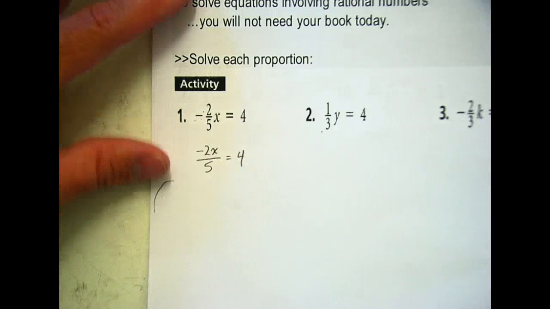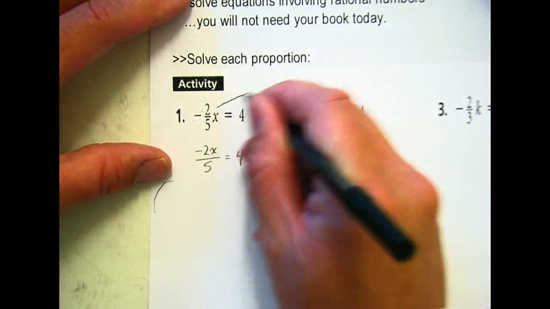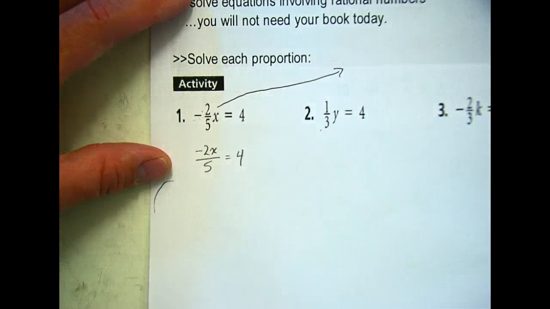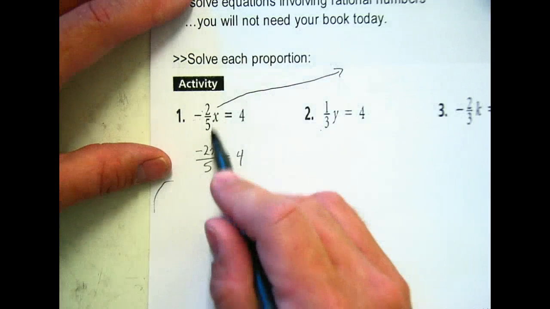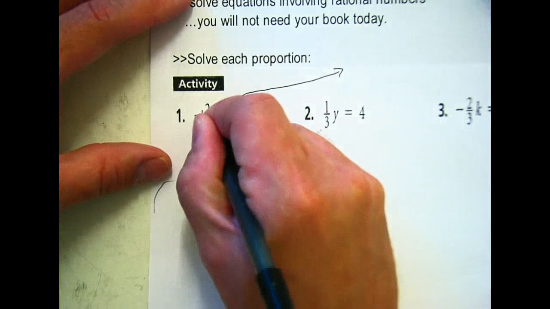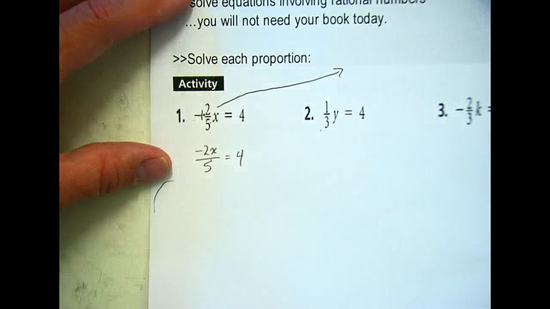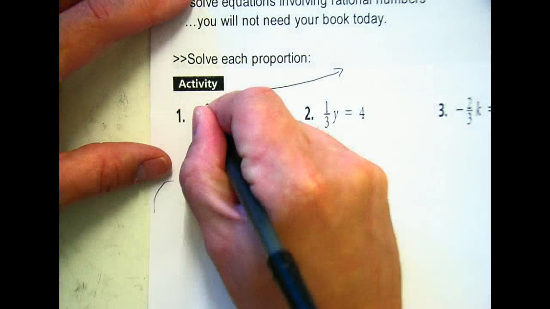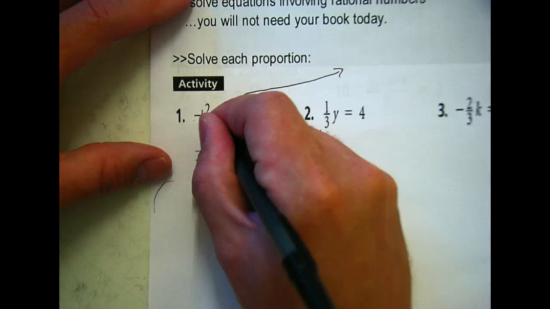Mathematically, what's happening, just so you don't think it's magical, some of you may know and some of you may not know, you don't have to write this down. You can if it helps you. The way we get from here to here is there's really a negative 1 hanging out in front here. That's what that negative sign means. So that's negative 1 times 2/5 times x.